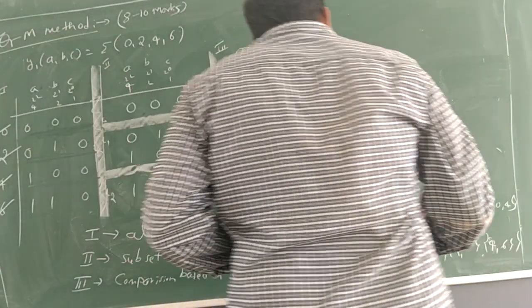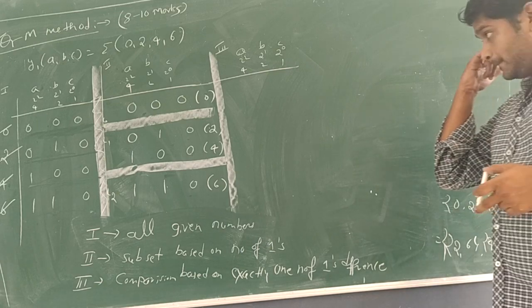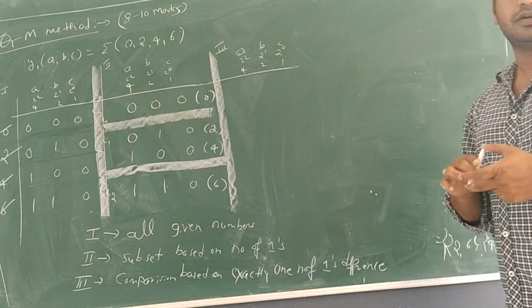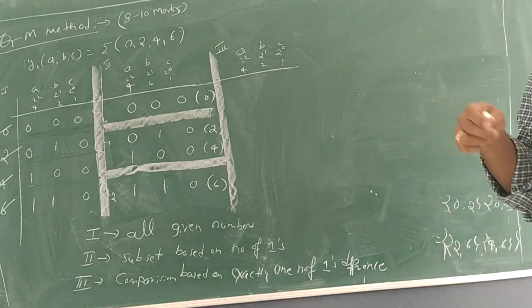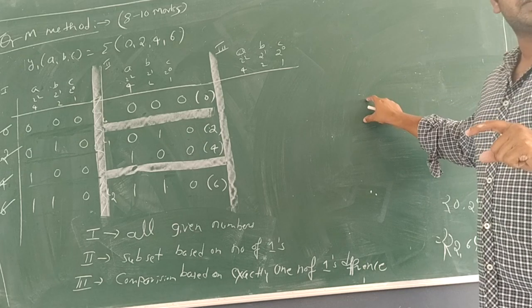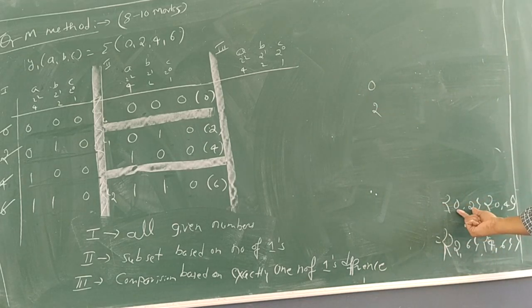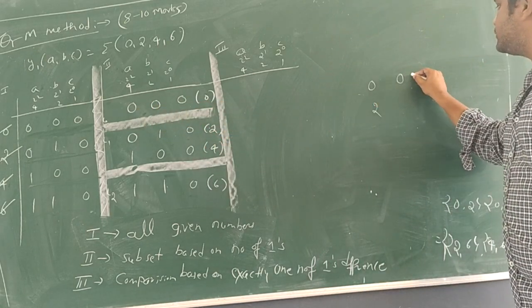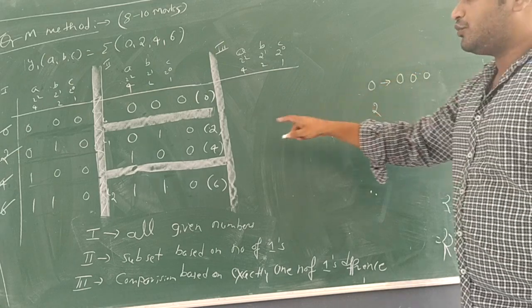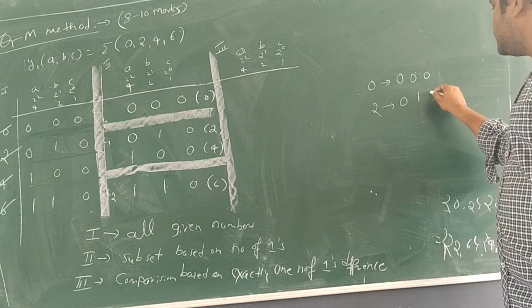See now, you take this possibility of the Cartesian product. What is this possibility? 0, 2. When you go for further problems, you have to do this orally. Since it is the first time, I will show. Now I put this 0, 2. What is the representation of 0? 0, 0, 0. How have you represented 2? 0, 1, 0.